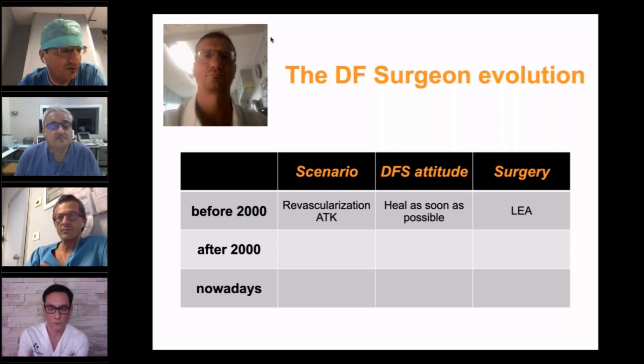In the last century, as you can see here in this picture, the best revascularization item was considered the above the knee vessels. And so as a consequence, our aim was to achieve the healing of the patient as soon as possible.